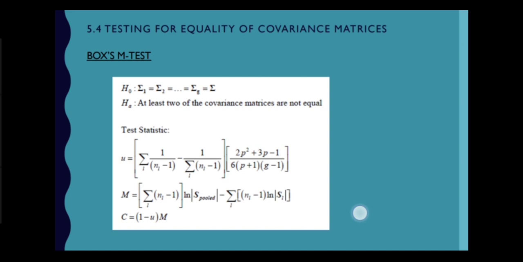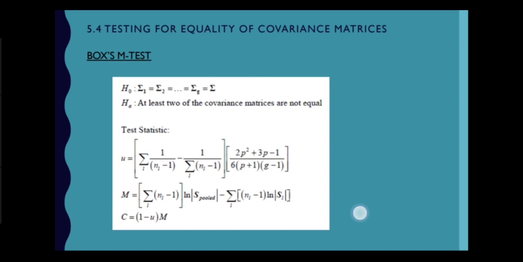Okay, same as above. You need to calculate n_l minus 1 for each of the treatments, then sum up. Multiply with ln of S pooled. So here you need to find the S pooled. The formula is the same as before, in the previous topic.